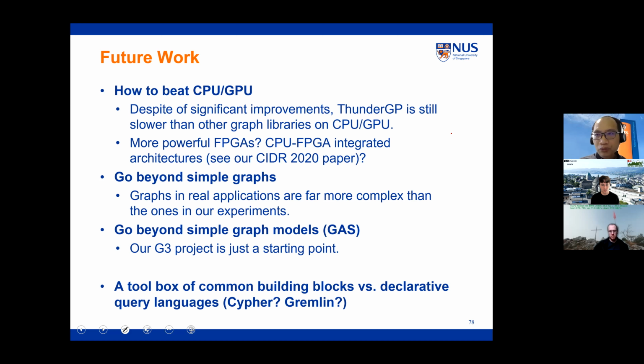So we tried to understand the problem. We find that nowadays FPGA should be equipped with high bandwidth memory. For example, in our CIDR 2020 paper, we do see some promising results if FPGA can be equipped with high bandwidth memory. But overall, in terms of graph processing, it is still an open problem.